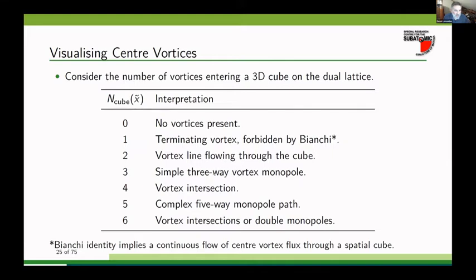You could have a monopole with 3, with 4. That would be some sort of vortex intersection. We saw one of those. 5 would be a combination of a vortex intersection, or maybe a vortex line flowing through a cube and a vortex monopole. You could have that coincide, or you could actually have 6 coming into the cube, 1 in each face. And that could be either vortex intersections or double monopoles of some sort.